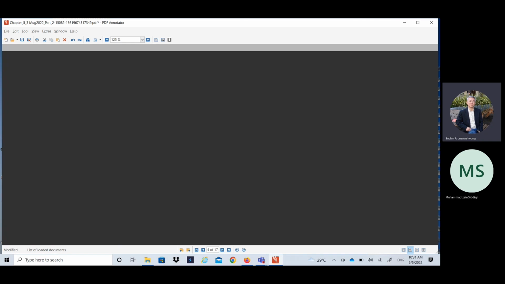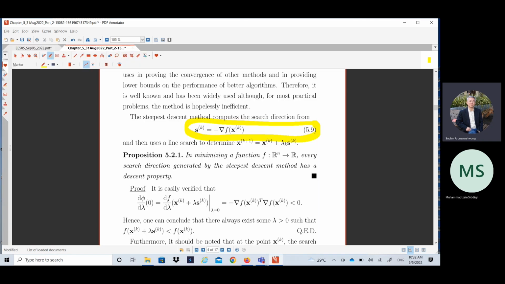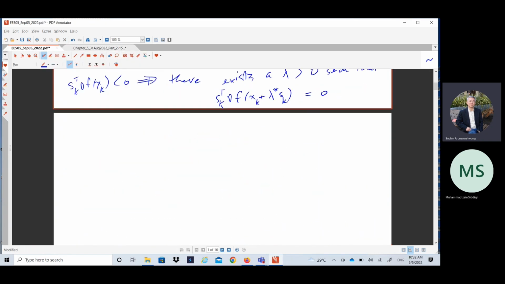Because when the function is non-convex, things can happen like this.